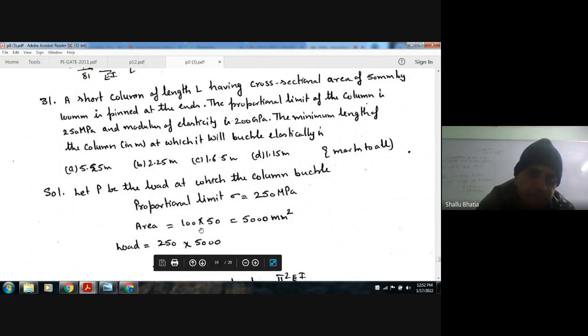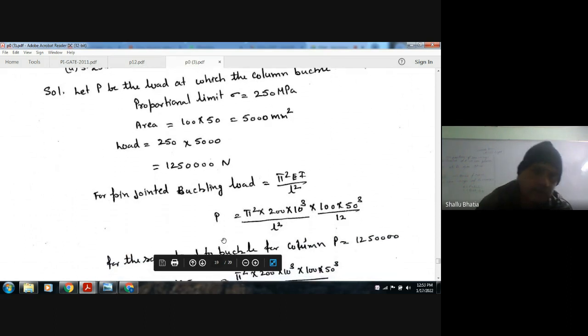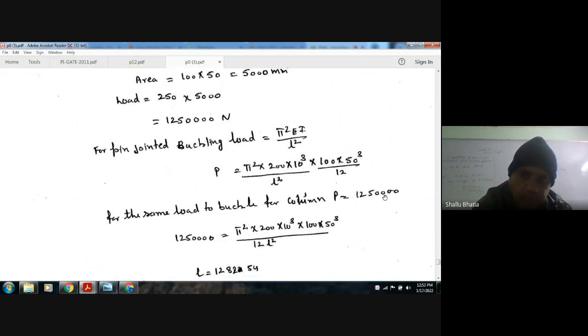The area is 100 into 50, so 5000 mm square. So this is the area, this is the stress. Load is 250 into area. So for the pin jointed end, the critical load is pi square EI by L square.